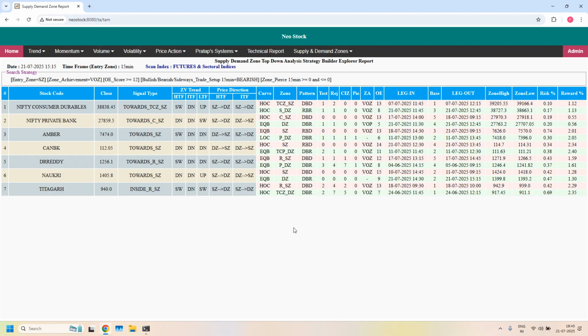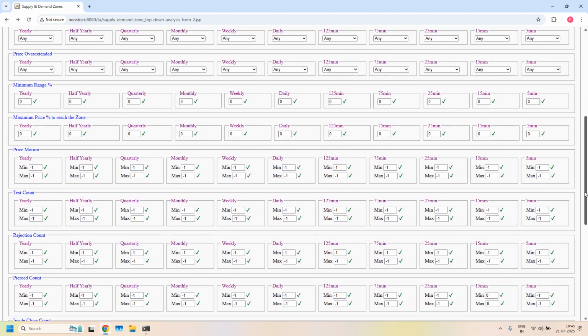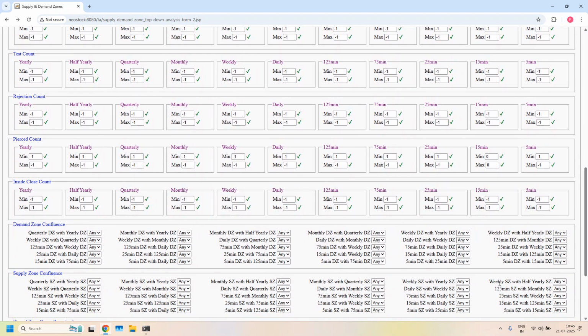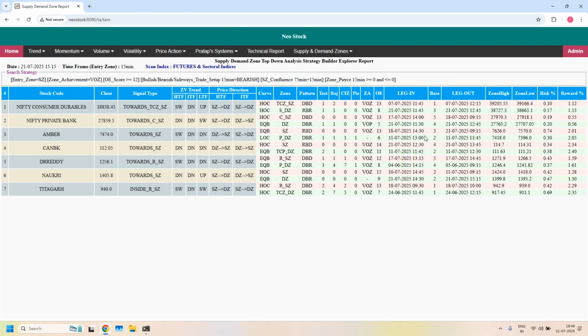They should overlap with each other. Let us apply on the 7 stocks. So in the supply zone confluence, I am enabling the filter 15-minute supply zone with 75-minute supply zone confluence. By enabling the filter, now all 7 are filtered.